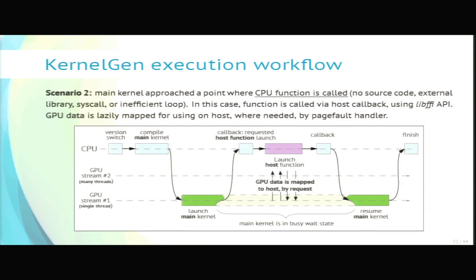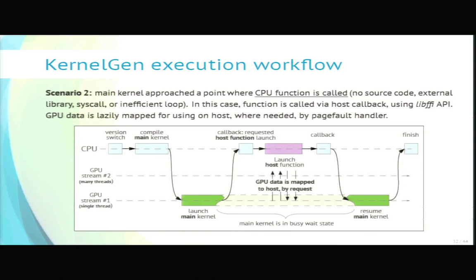Another case would be if we have a system call, a call to an external library which we don't have source code for, or some portion of code which is inefficient on GPU. We also do a callback and maybe JIT compilation, but the final binary will be a host binary.